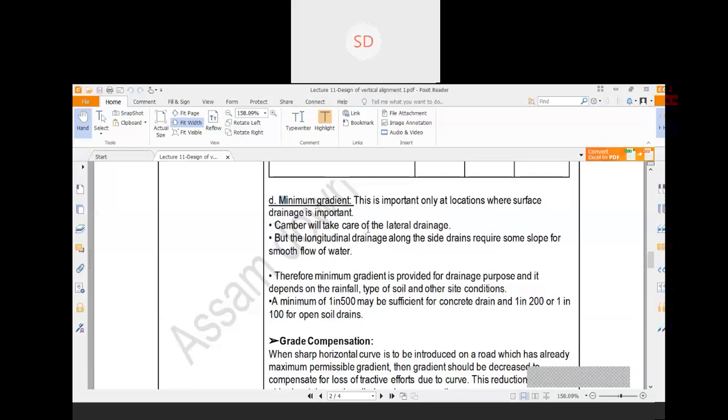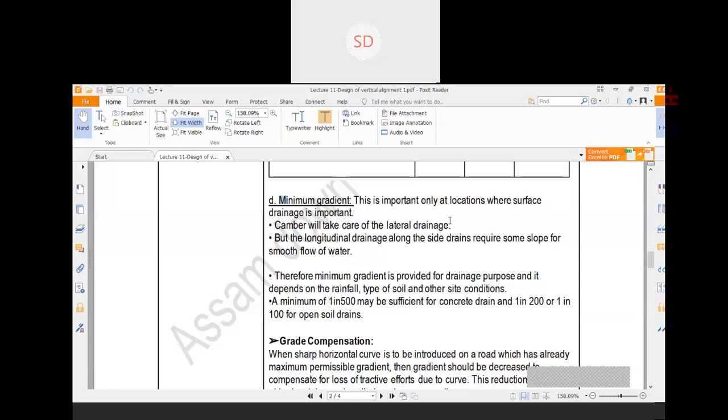So if that tropical area portion falls in plain terrain, in that case you need to provide some minimum gradient over that area, so that the surface water can be easily drained off. Now, this camber will take care of the lateral drainage, but the longitudinal drainage along the side drains requires some slopes for the smooth flow of the water.